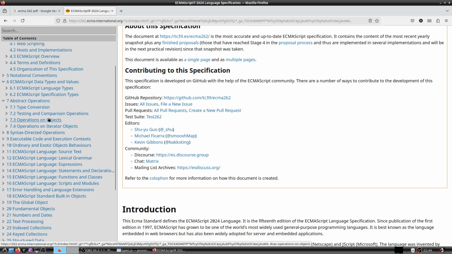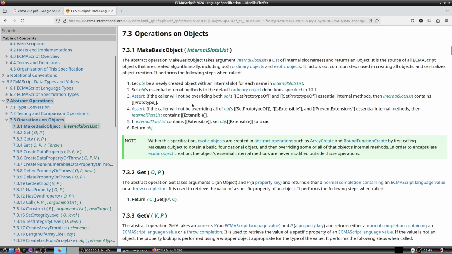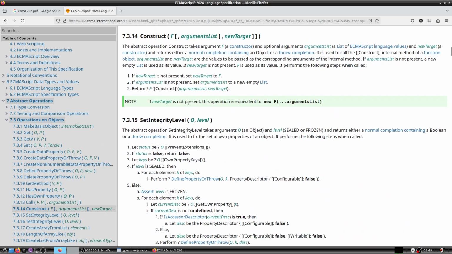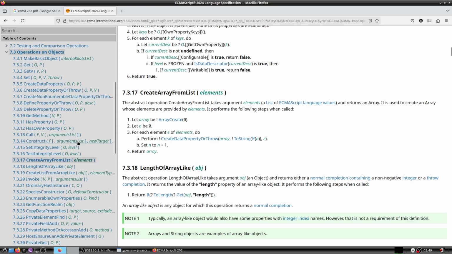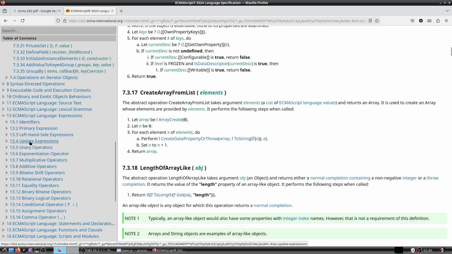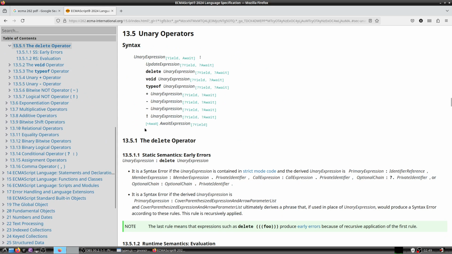So operations on, okay, this is something different. This is not operators. Anyway, state expressions, unary operators. This is where this should be. You see the tilde operator is here.